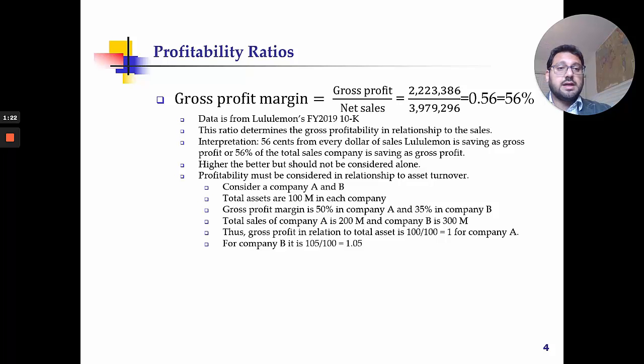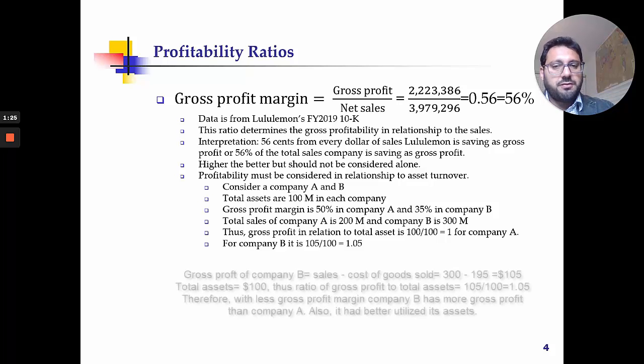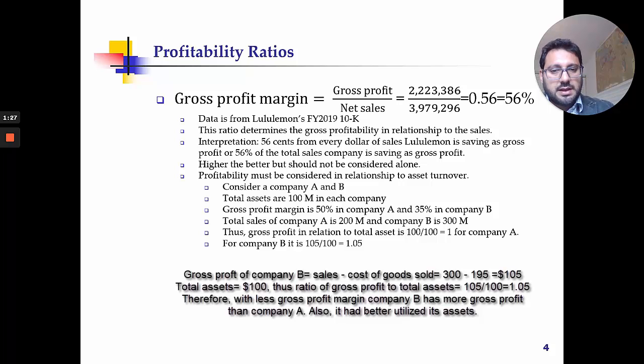Even though the gross profit margin is 35%, when we calculate the gross profit in relation to the total assets, it is 1.05. So 105 million is the gross profit, because they are generating more sales, divided by the 100 million, which is the assets of company B. So every dollar invested in the assets of company B is generating $1.05 under the head of gross profit.